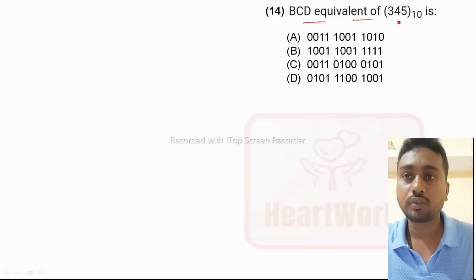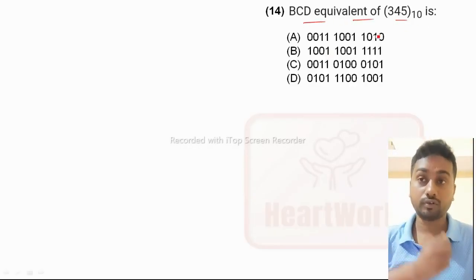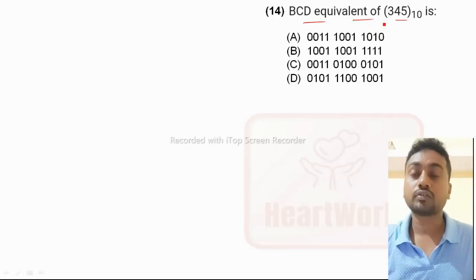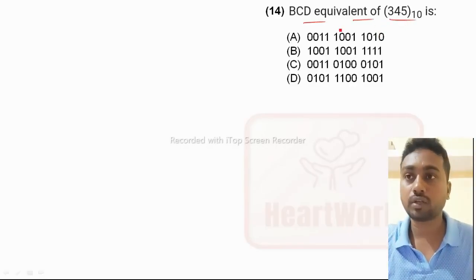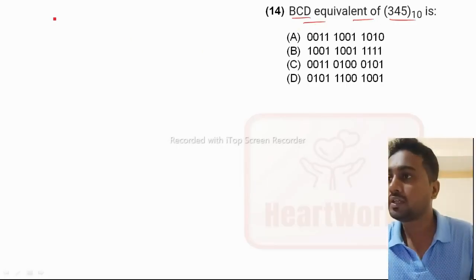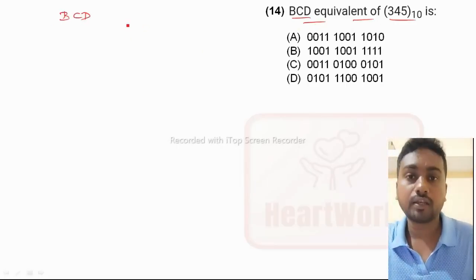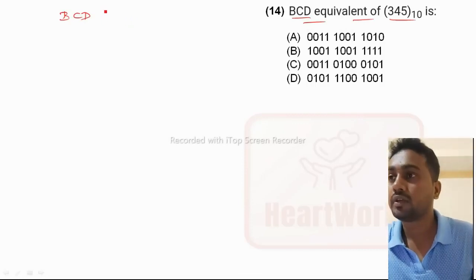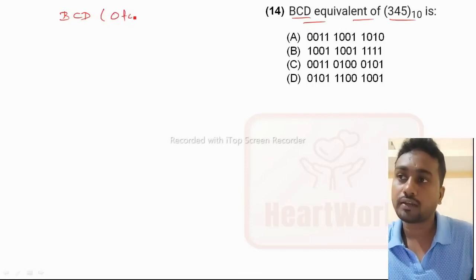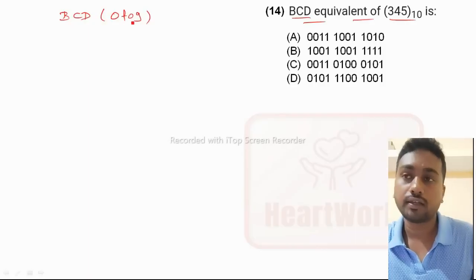BCD equivalent of 345. One BCD is given, one decimal number is given. We have to convert it in BCD. BCD means binary coded decimal number. What is the range of this? 0 to 9.